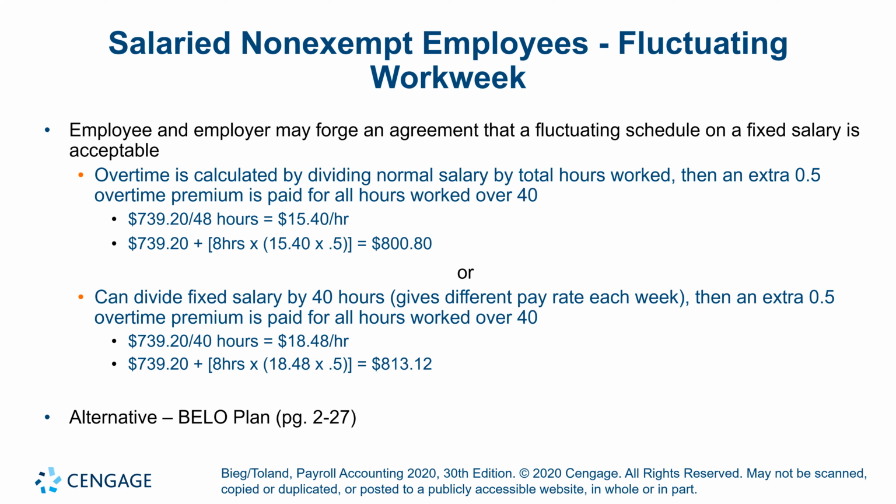And then the BELO plan, or this alternative plan, it says an alternative salary method to compensate employees working fluctuating schedules. It is a more restrictive plan than the fluctuating work week method, and the following conditions must be met. So to use this BELO plan, we'd have to have irregular work hours as the nature or part of our job.